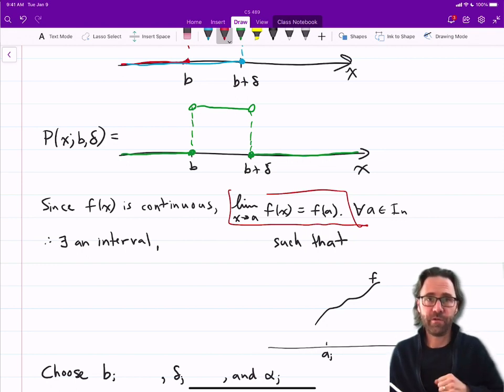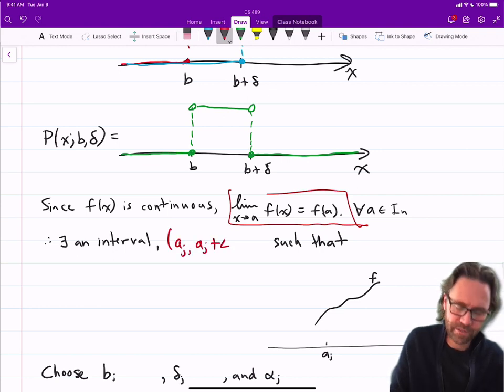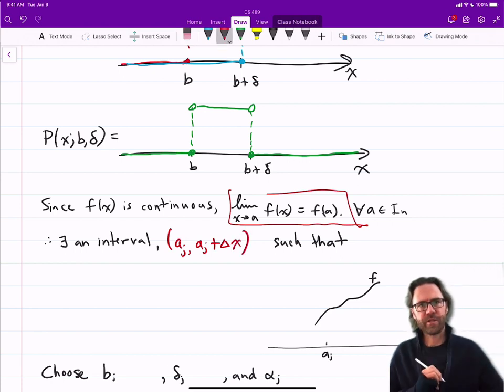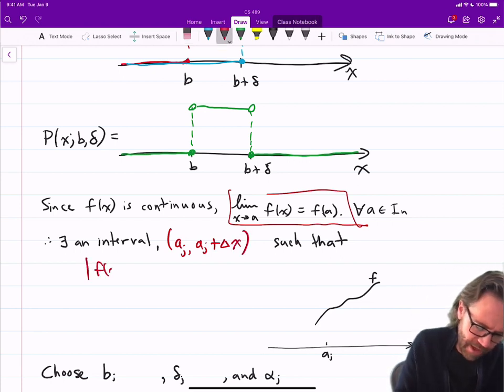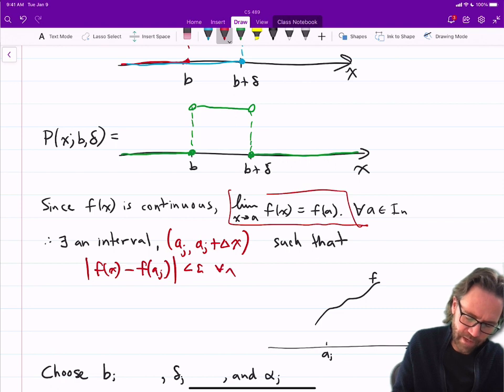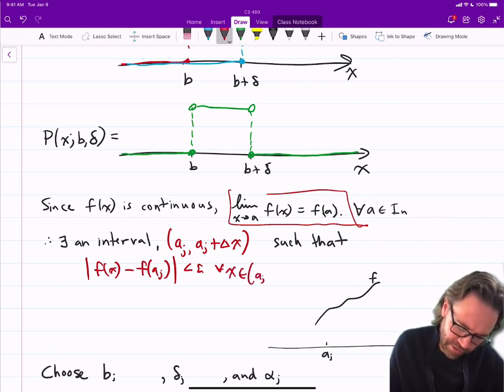There exists an interval, which I'll call a_j to a_j plus delta x, such that |f of x minus f of a_j| is less than epsilon for all x in the interval a_j to a_j plus delta x.